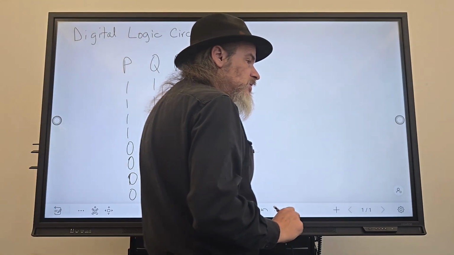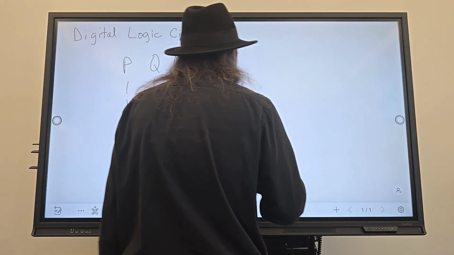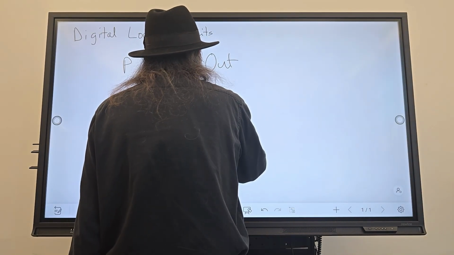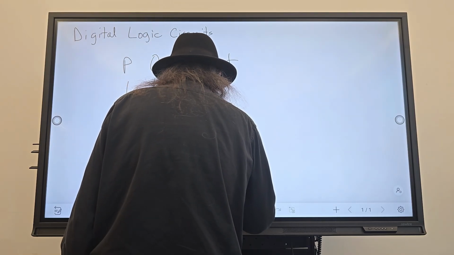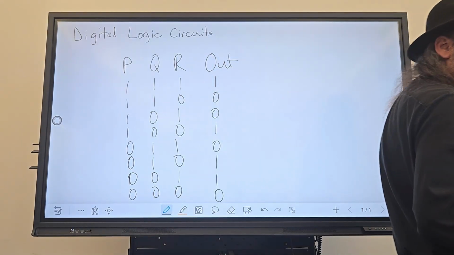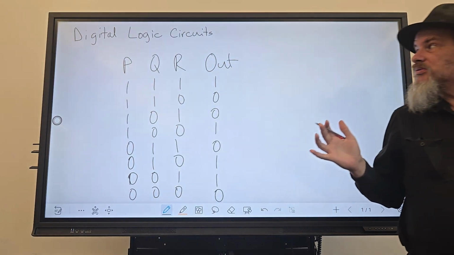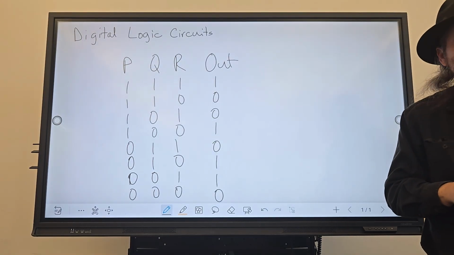And then the output would be 1, 0, 0, 1, 0. Okay, so that is an example of what we in digital logic call a state table.